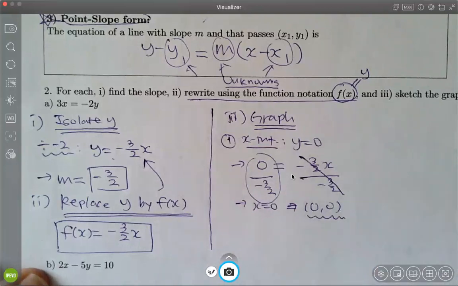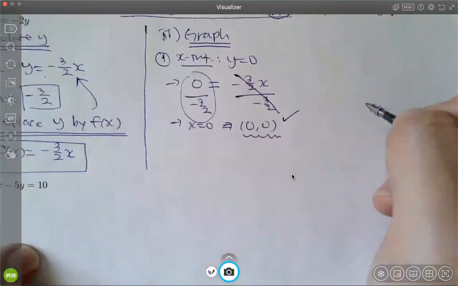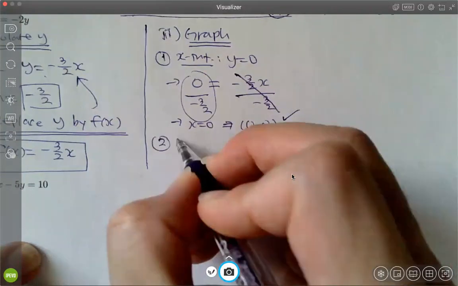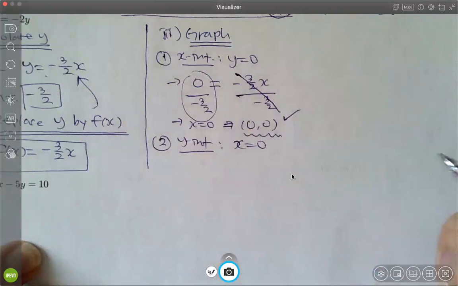Now, can we use this point? And yes, what's the reason? Because there's no fraction, right? Okay, so we can use this point. And now the y-intercept. How do you find the y-intercept? Set x to 0, right?